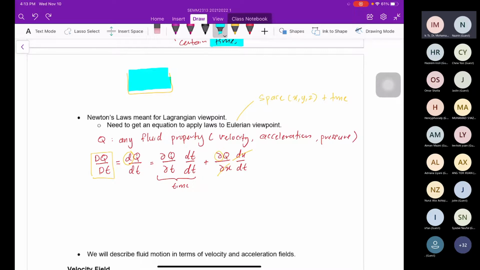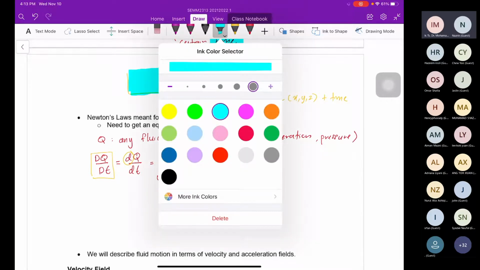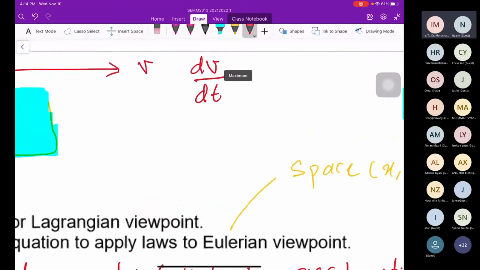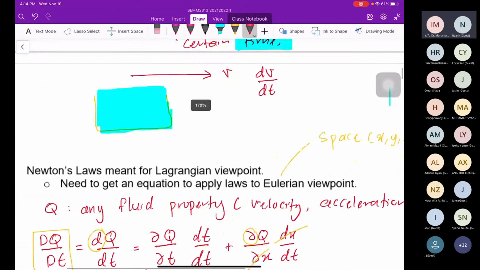This container is moving at a certain velocity v. If we want to find the acceleration, it is dv over dt, the total acceleration for the whole container.